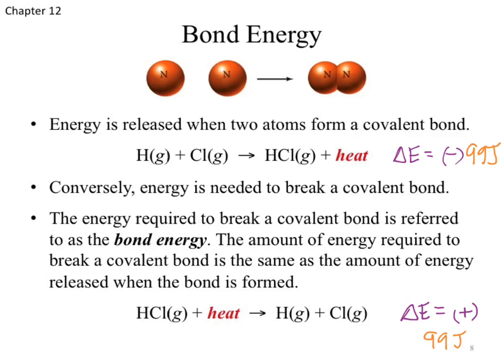If we're going to do a calculation using that number, we need to make sure we know whether it's positive or negative. How do we decide that? Arbitrary. Someone came in and stamped and said, the bond energy is defined as the energy required to break a bond.